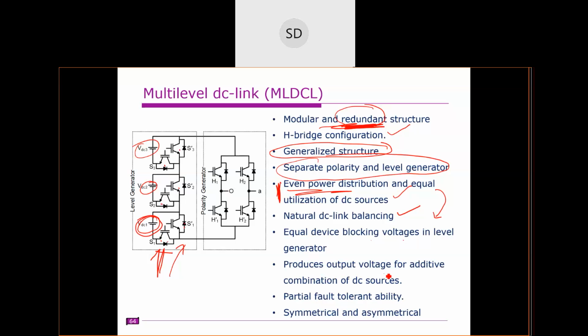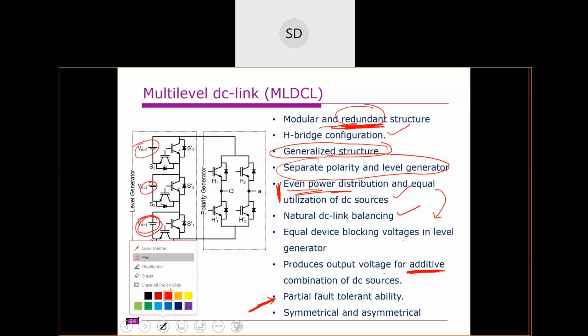It can produce voltage only for additive combinations of DC sources, not for subtractive combinations. So this topology is partially fault tolerant.